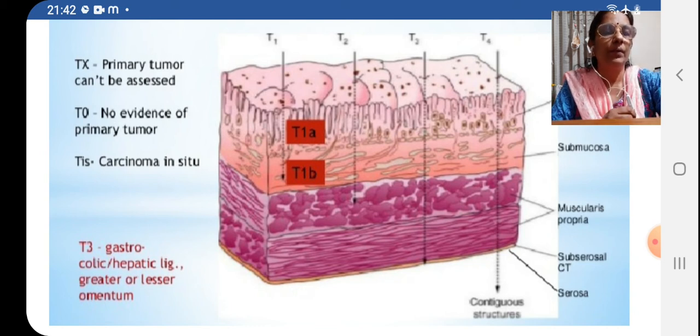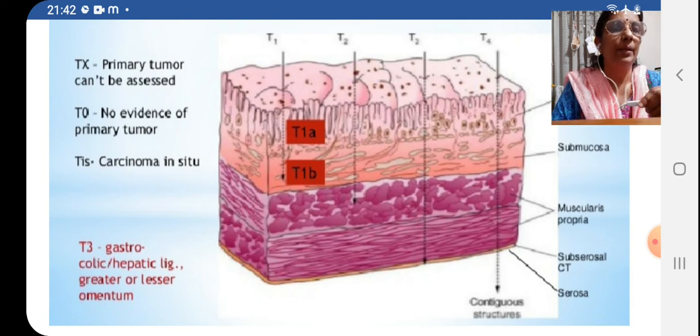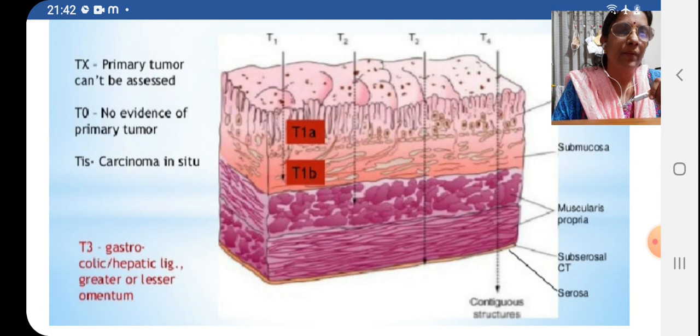Then T1, when you see the diagram, at the top you can see T1, T2, T3, T4. T1 is involvement of the mucosa. That is T1A, only the mucosa is involved. T1B, that is the submucosa is also involved. In the horizontal spread, the tumor goes only to the submucosal layer. So T1A means only the mucosa.